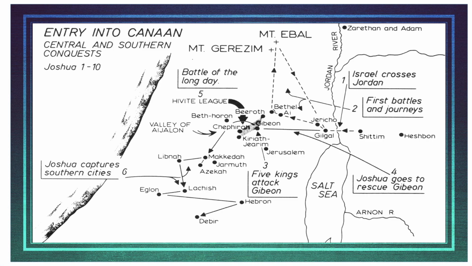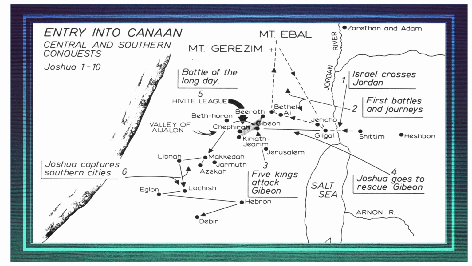And here's a map in black and white to show you names of the attacks. Number 1, Israel crosses Jordan, first battles and journeys. Number 3, the 5 kings attack Gibeon, and we'll get into the study of why they have to help Gibeon out. They are tricked kind of by Gibeon, but they don't do their due diligence.